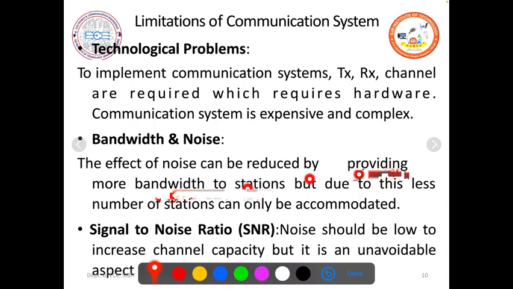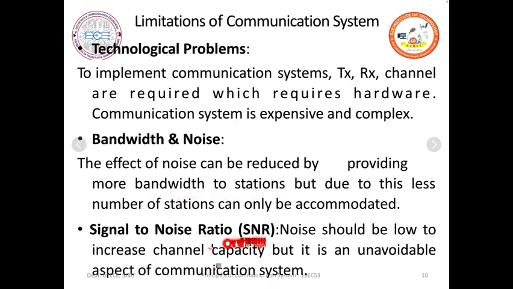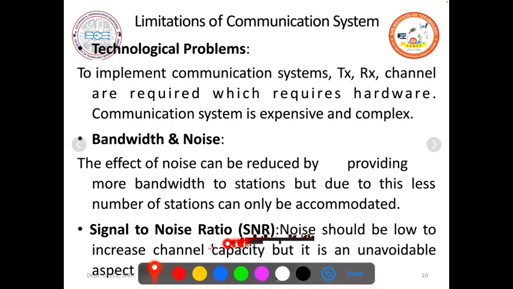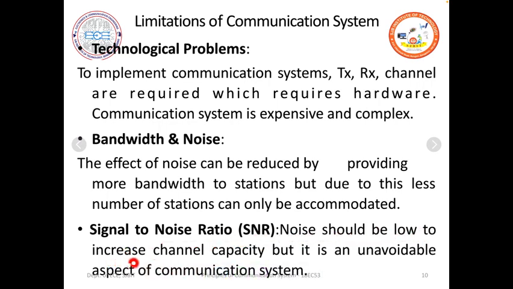The third limitation is the signal to noise ratio, SNR. We expect noise to be as minimum as possible. If noise is less, then we say the signal is of good quality. So noise should be low so as to increase the channel capacity.